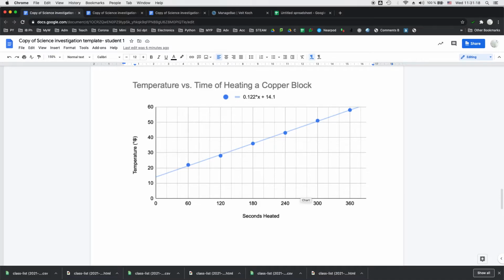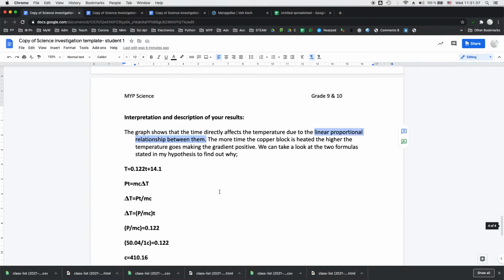So your final temperature is 0.122 times the time plus 14.1. 14.1 would be the y-intercept. If you have a y-intercept that's not 0, then it's a linear relationship and not directly proportional. So this one here is a linear relationship, but not directly proportional.